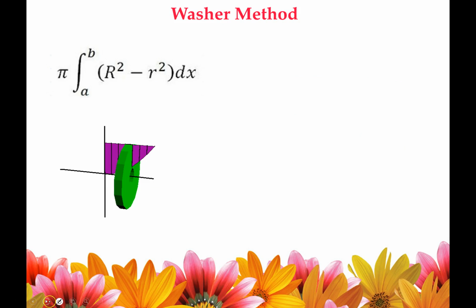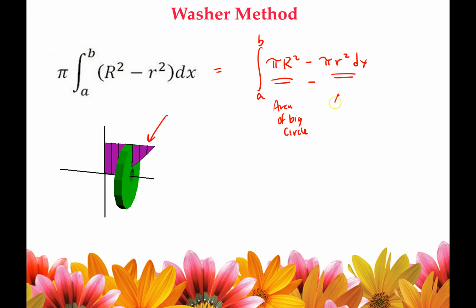Basically what we have is, sorry about that, we have two circles. And if you don't believe me, let's take a look at this right here. Let's just imagine it as being pi R squared minus pi lowercase r squared dx. Notice how all I did was distribute the pi. But basically it's saying take the area of the big circle minus the area of the small circle.